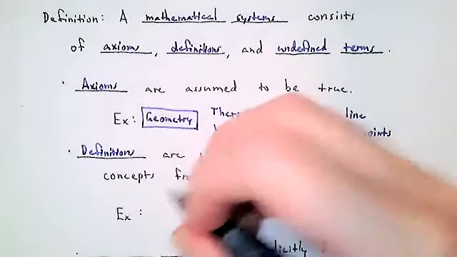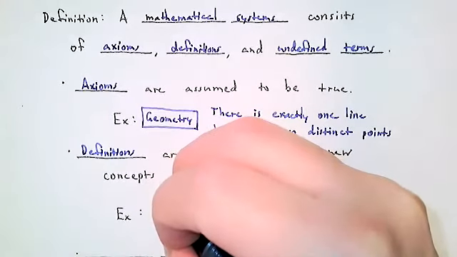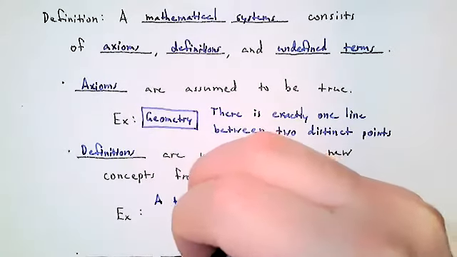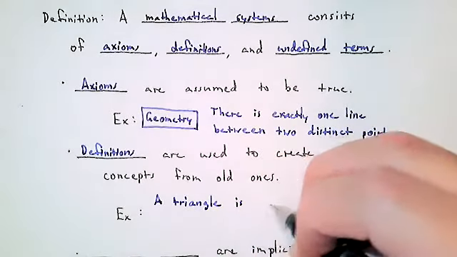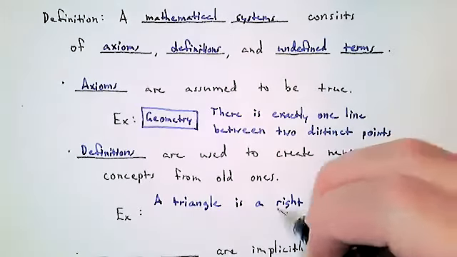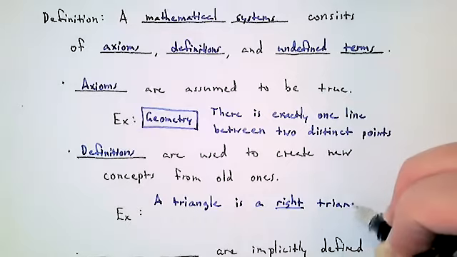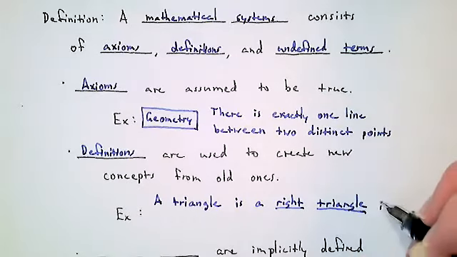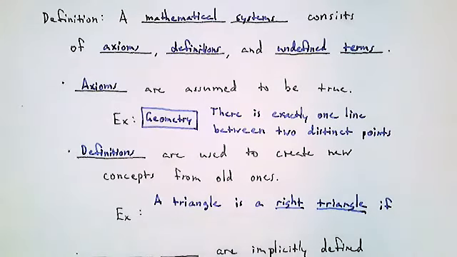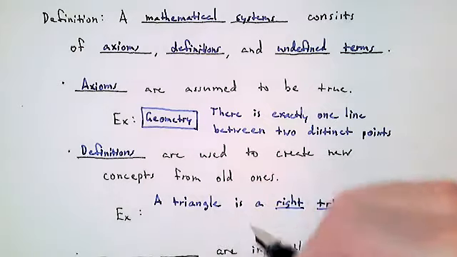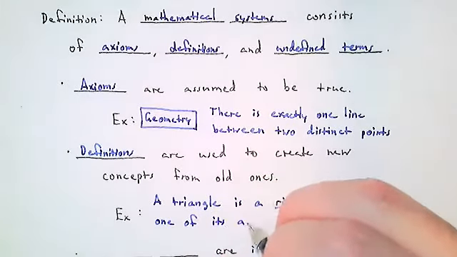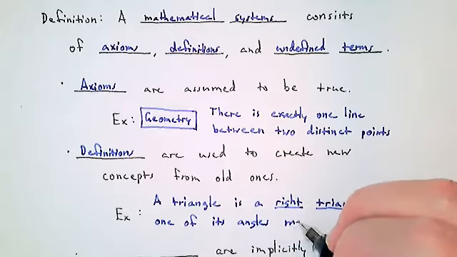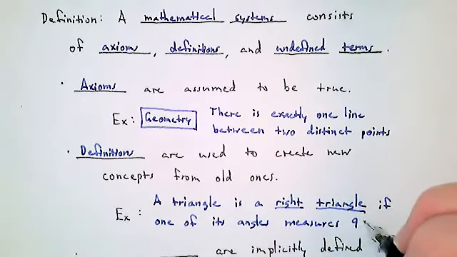So for example, sticking with geometry, a triangle is a right triangle, and here I'm defining the pair of words right triangle, if one of its angles measures 90 degrees. Or if we were working in radians, we might say pi over 2.